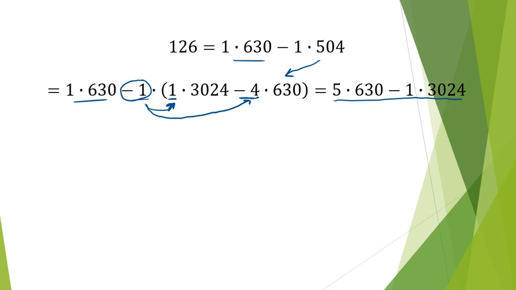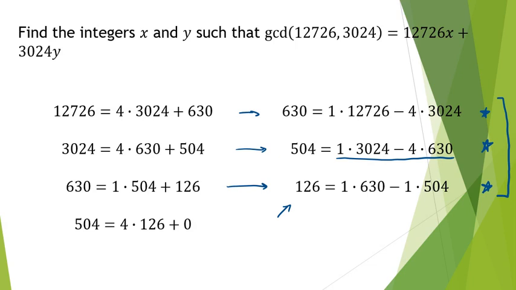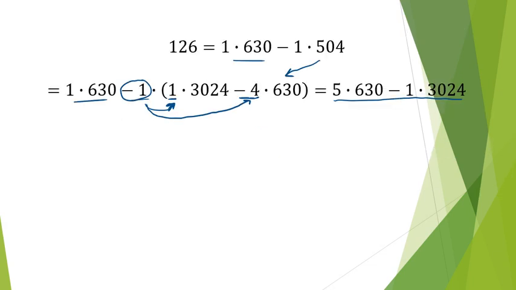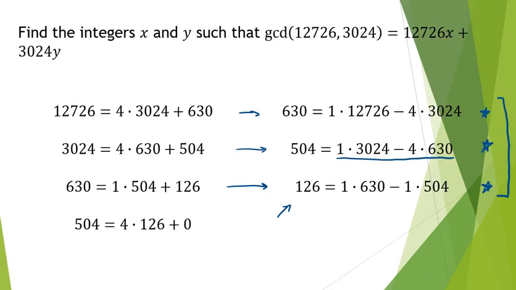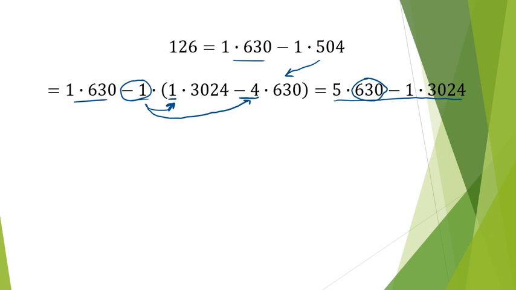All right, I'm going to go back to my slide here where we solved for each of our three remainders. Here I had a 630. Well, here I have a 630 in terms of 12,726 and 3,024. So I'm going to make this substitution. This here is going to go in for my 630.